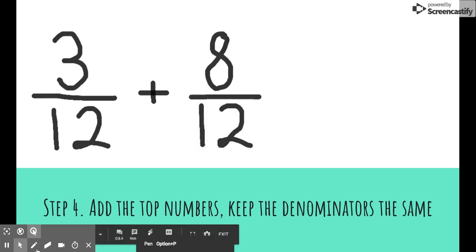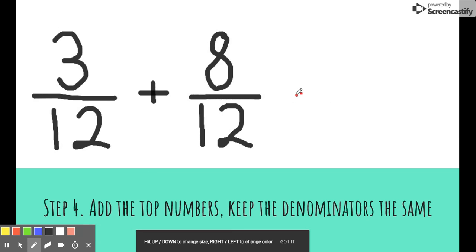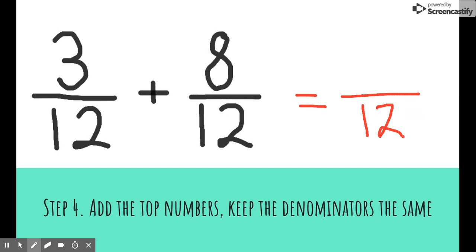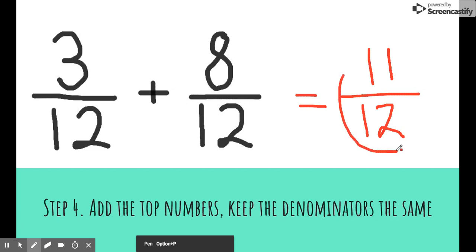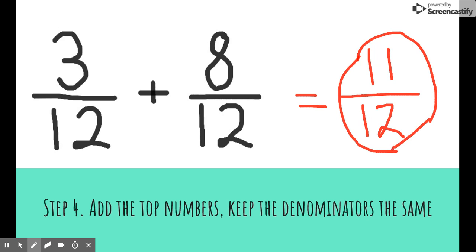We want to keep the denominator the same. So we have 12 on the bottom, which stays the same, and 11 on the top. And our answer is 11/12. So even though this is a lot of steps, it's the best way to add fractions that don't have common denominators, because we need to make them have equal parts on the bottom, and then add the tops to get our new fraction.